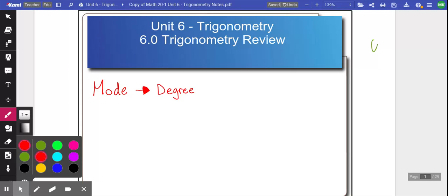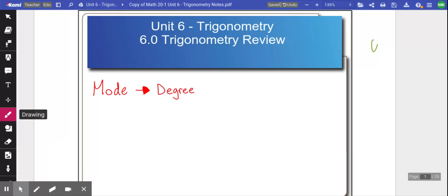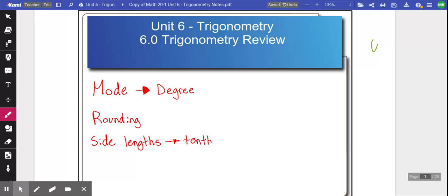Two more things that I want to talk about to start off our trig review. This is going to be all Math 10C stuff. We're going to talk about rounding. When you're rounding answers, you always round side lengths to 1 decimal, or your tenth, and you round angles to the whole number.